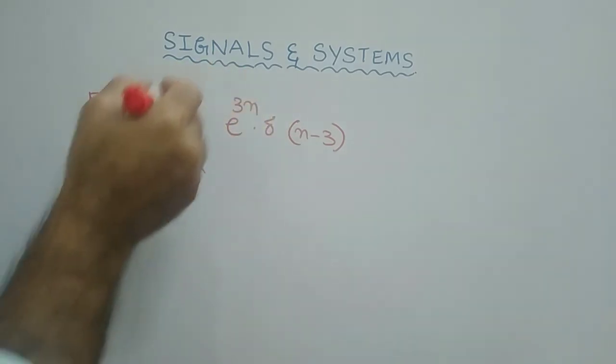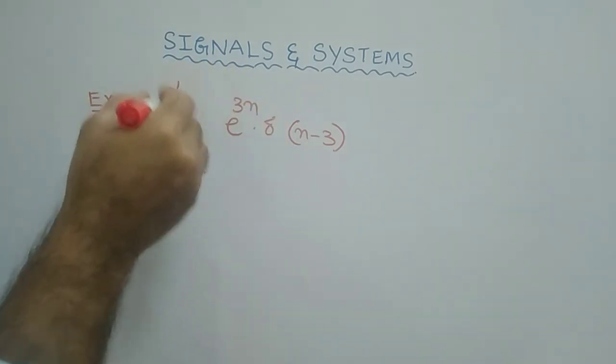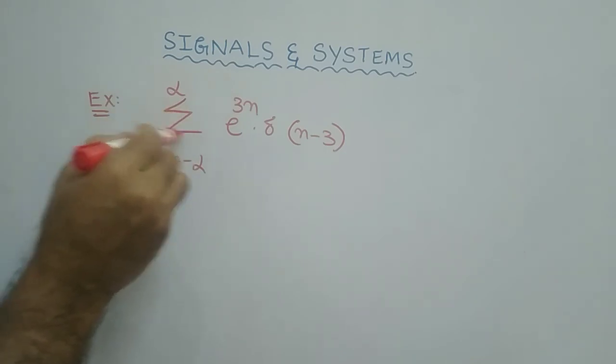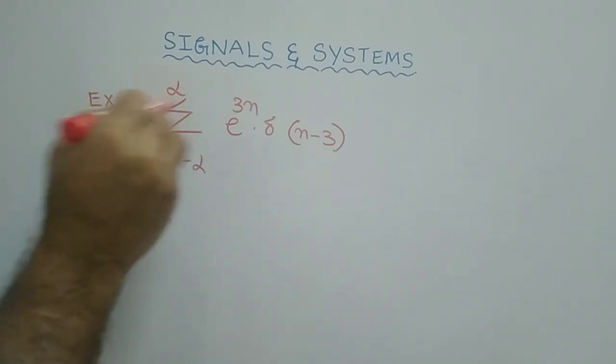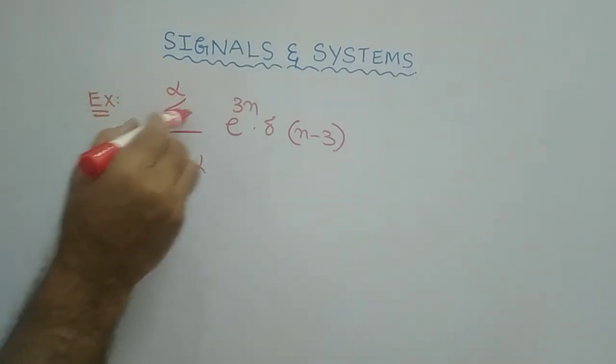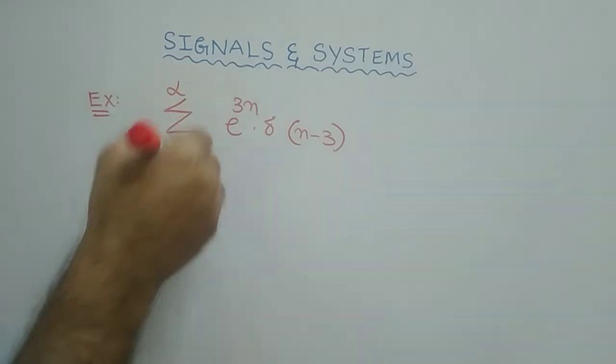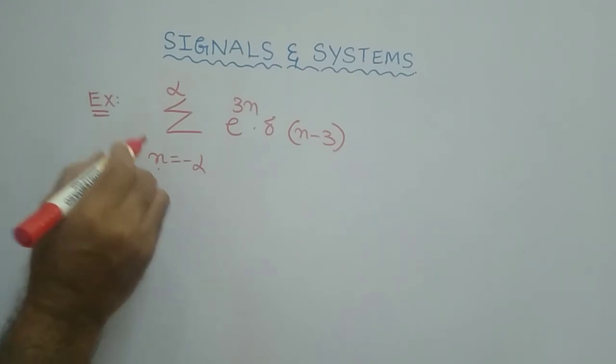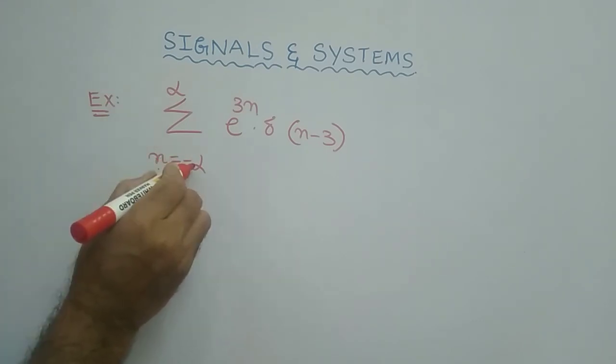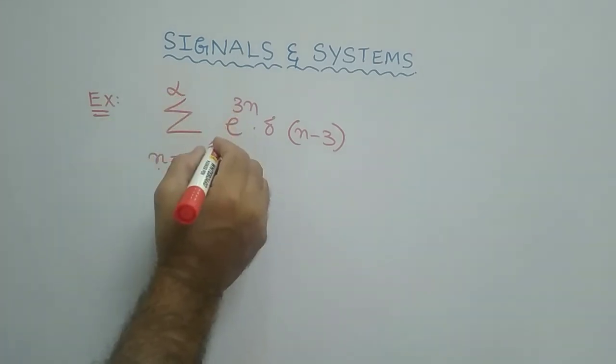Instead of an integral, in discrete time we use sigma, or summation. What is n here? Discrete time, whereas in continuous time it is small t. In discrete time it is n, from minus infinity to plus infinity, and the function is the same.